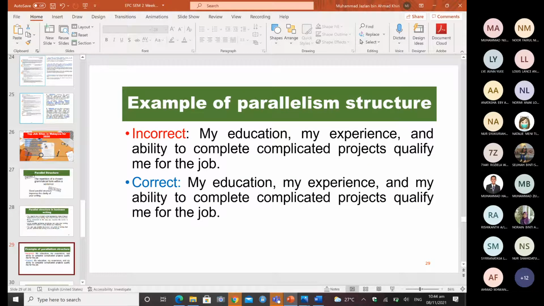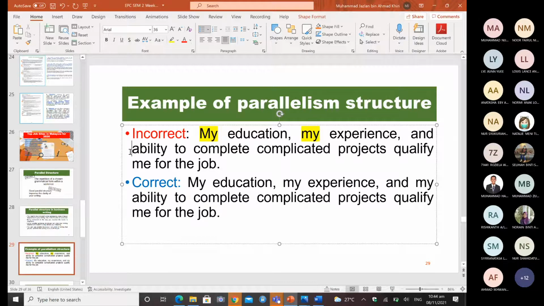Like in this case here, ladies and gentlemen, this is an example of bad parallelism because the word "my" is repeated 2 times actually. And you see here, "my education, my experience and ability to complete complicated projects qualify me for the job."